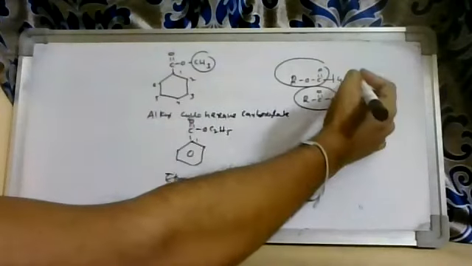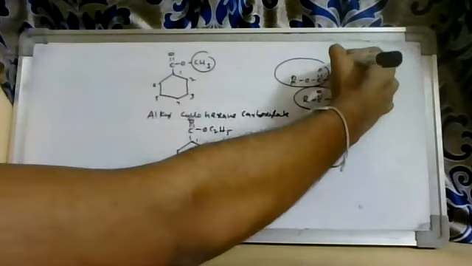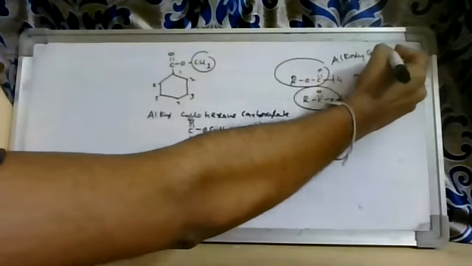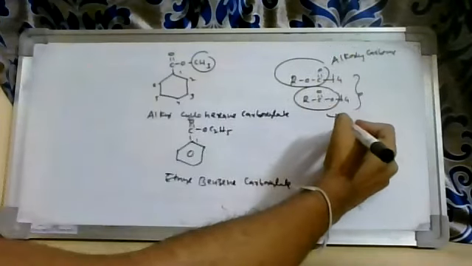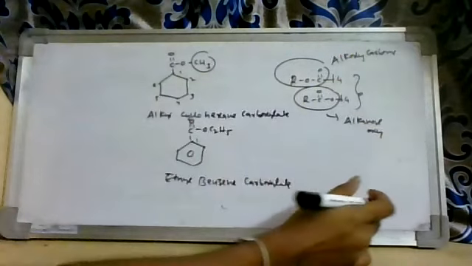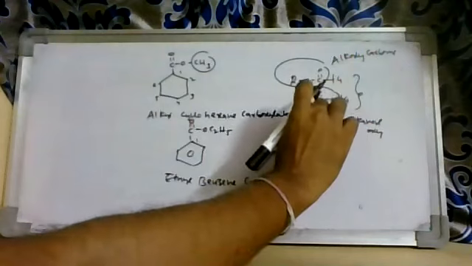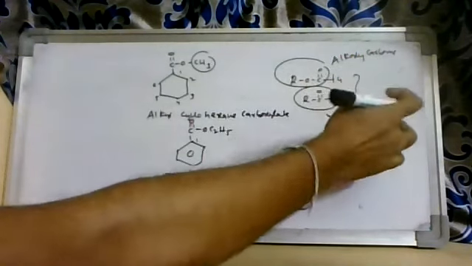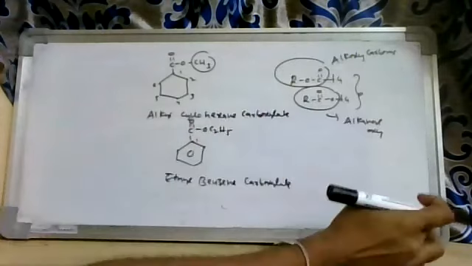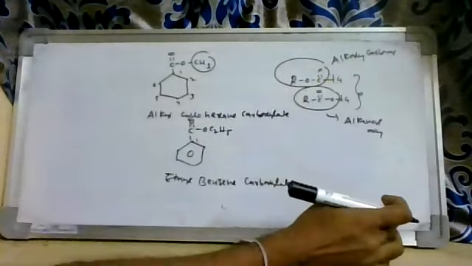So when ester is a substituent, we call it alkoxycarbonyl or alkanoyl oxy. If oxygen is directly attached to carbon, it is called alkanoyl oxy. C double bond O directly attached group is called alkoxycarbonyl.